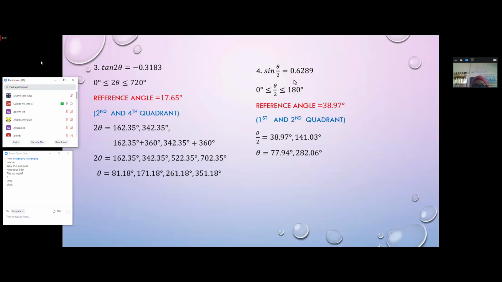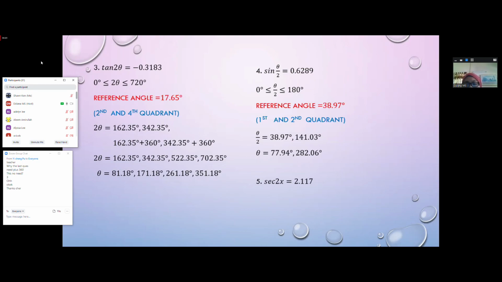Okay, now, question number 5 and 6. Okay, question 5. Secant 2x equals 2.117.